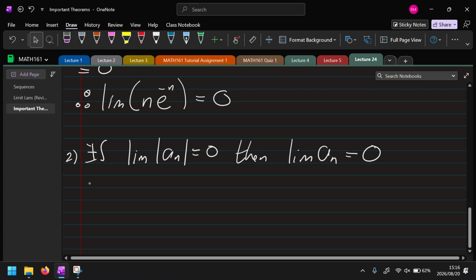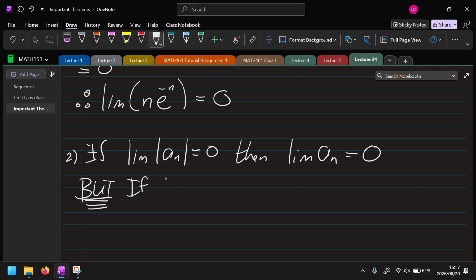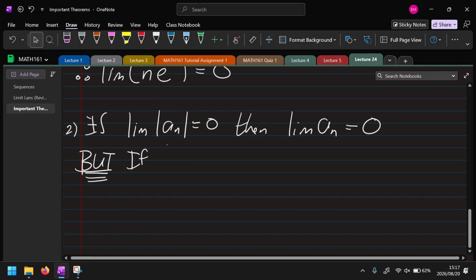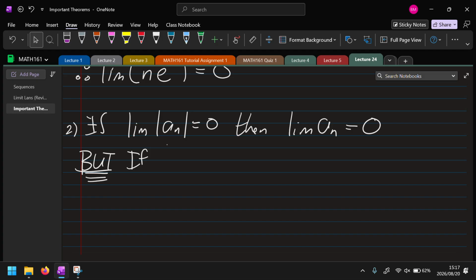Now this comes with a very important note. The important note here is that this only works for 0. So we have the limit of the absolute value is 0, then the limit of the original sequence is also 0. But if it is non-zero, this does not work.